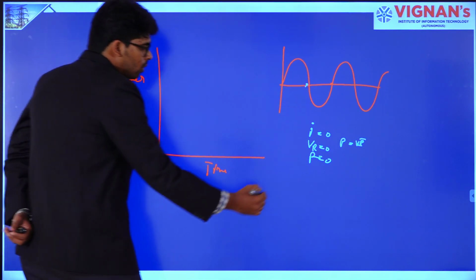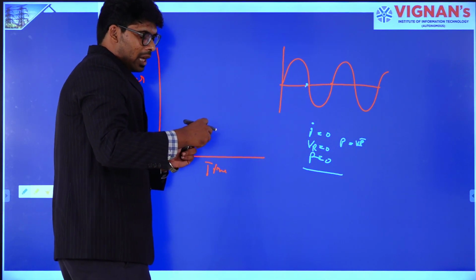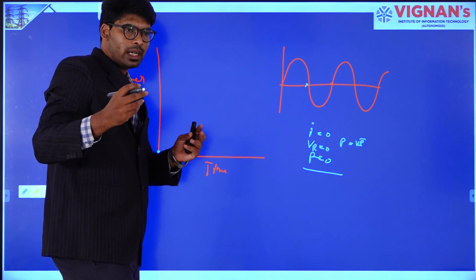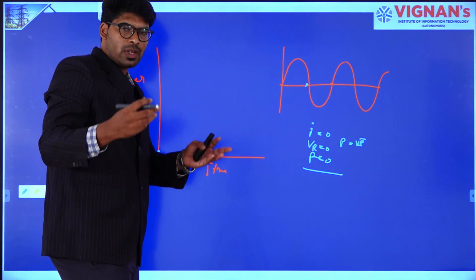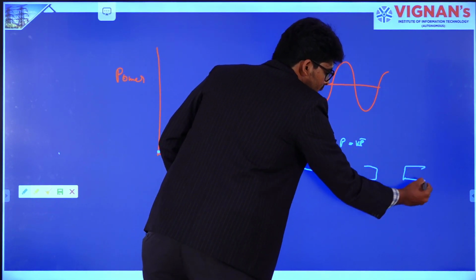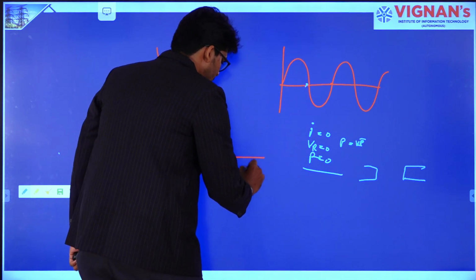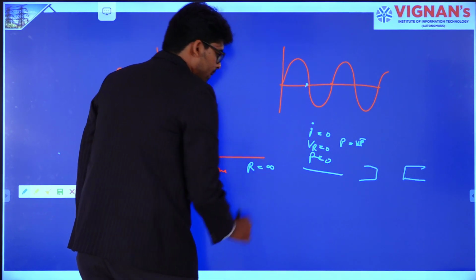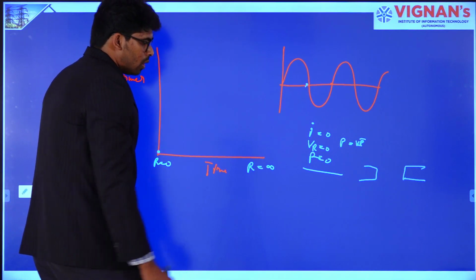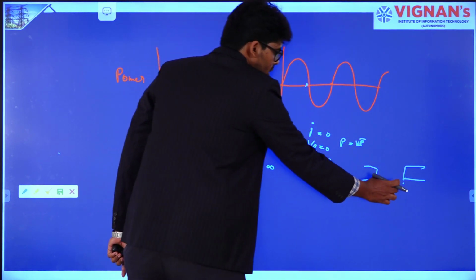Now what happened? After the moving contact separates from the fixed contact, the arc is extinguished. That means there is a big gap between the two contacts, so you will have high resistance here. At this juncture, R is infinite, and at the other junction, R is 0. If R is infinite, the power is also 0.